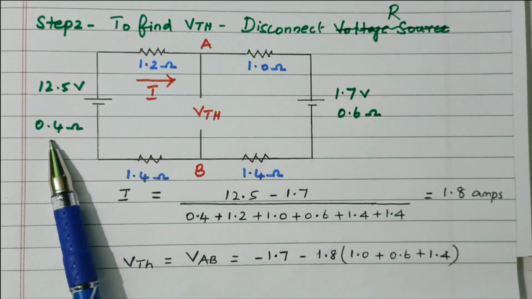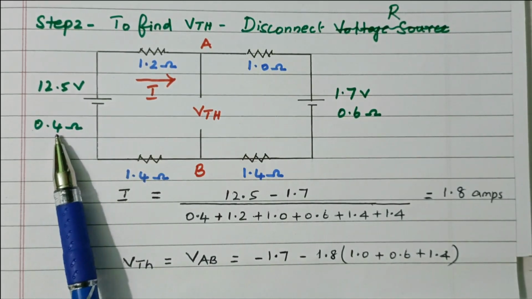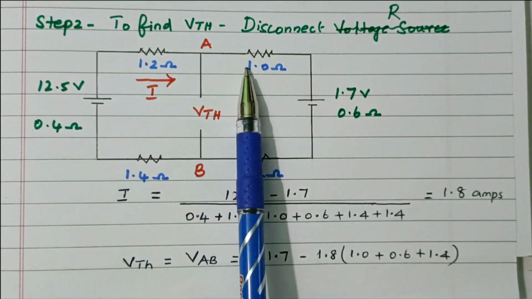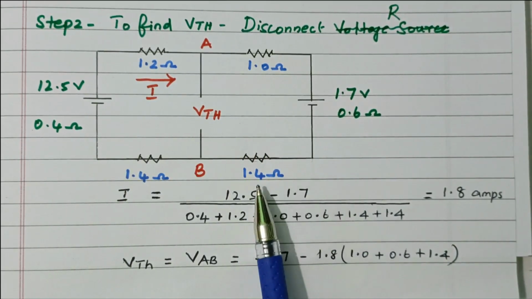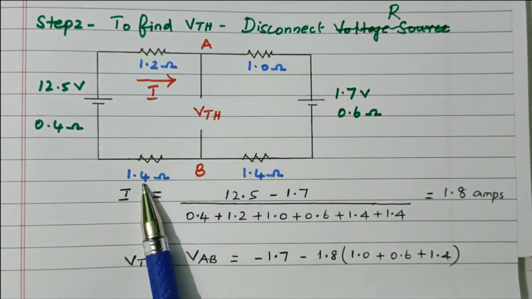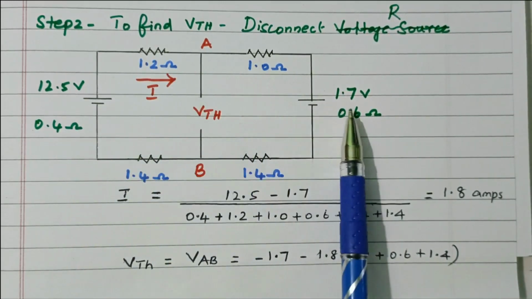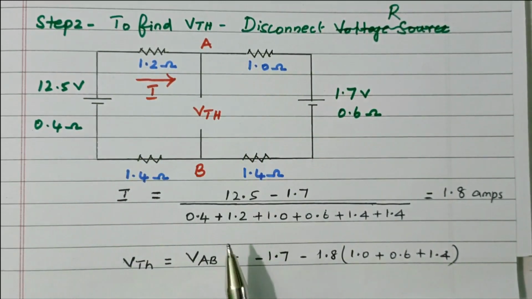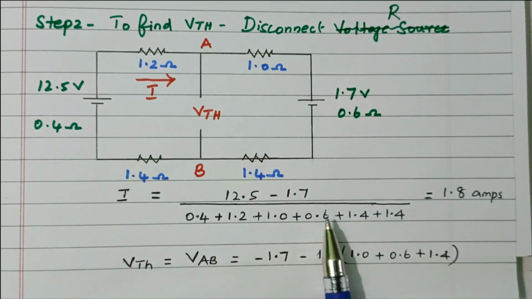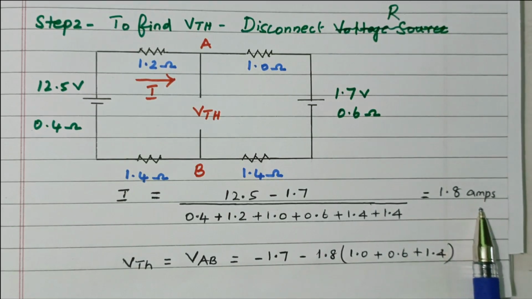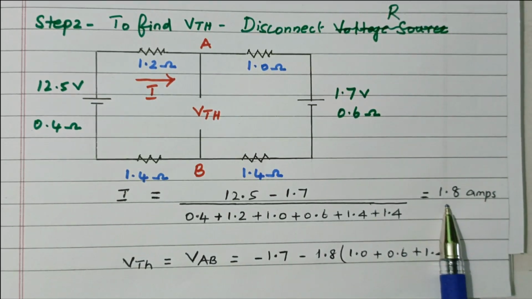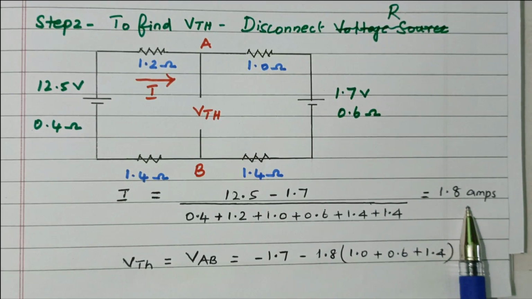The internal resistance of the first voltage source, 0.4, then 1.2, 1, the internal resistance of the second voltage source, 0.6, then 1.4 and 1.4. So six resistors are available, and all are added. After simplification we get the current flowing through the circuit as 1.5 ampere.